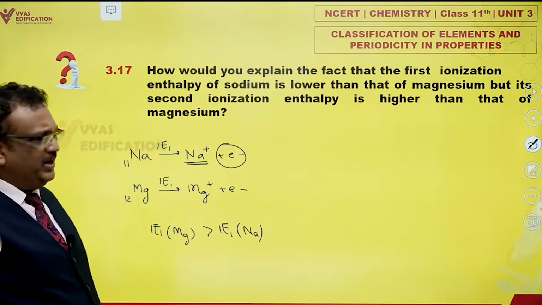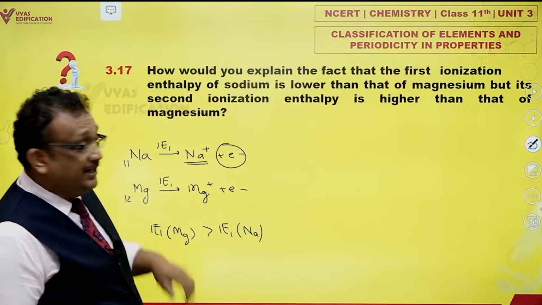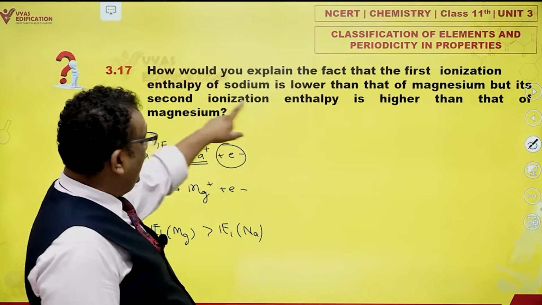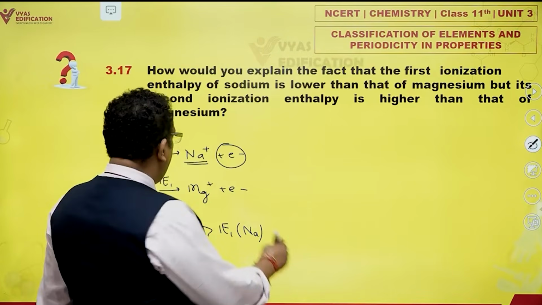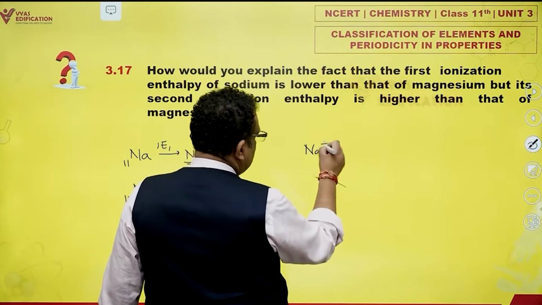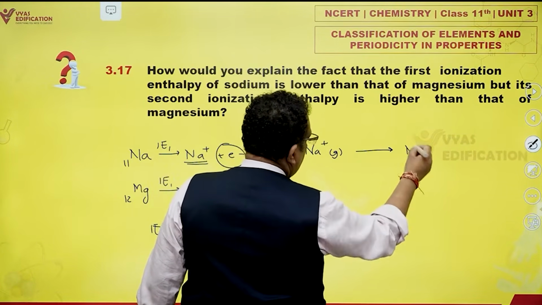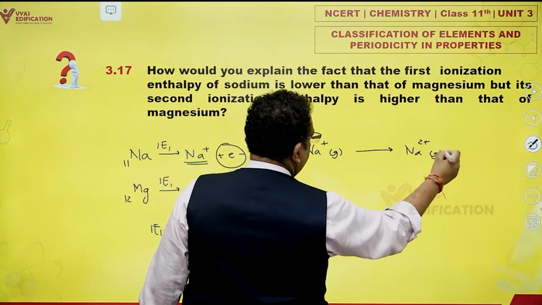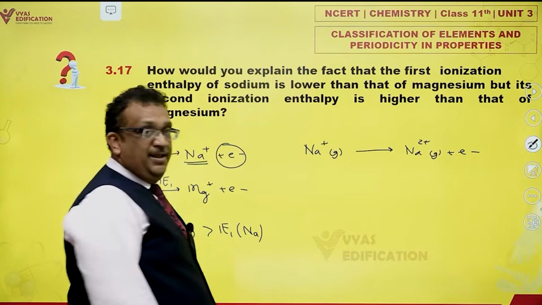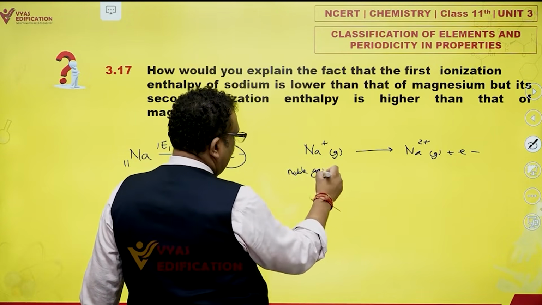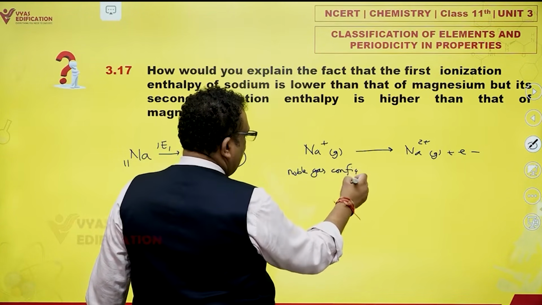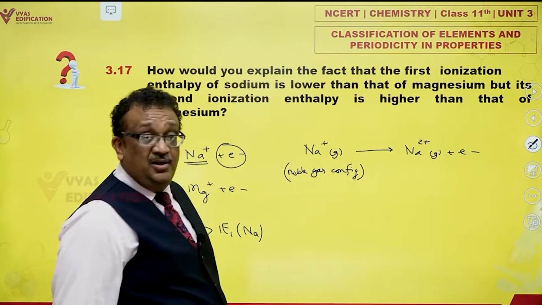This is explainable, fine. Now the second part. But its second IE is higher than that of magnesium. Now let us see what happens when Na+ is going to Na2+. Na+ has a noble gas configuration, which is actually a very stable configuration.